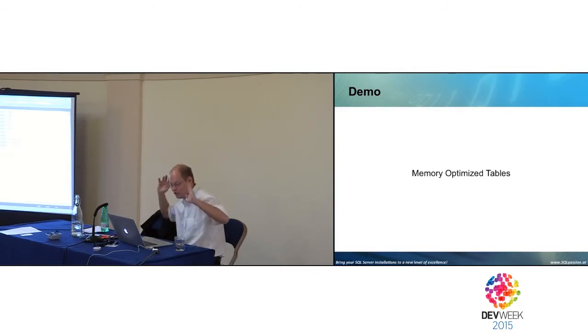In that case, you're just wasting a huge amount of memory, because every hash bucket needs 8 bytes. Just think about that. So the sizing of the hash bucket count is very, very important, but you have to know how many records you are expecting in that table.